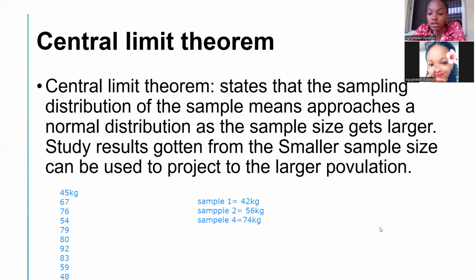If you have a small SD, the value you get is further away from the mean because the variability is small and tight.